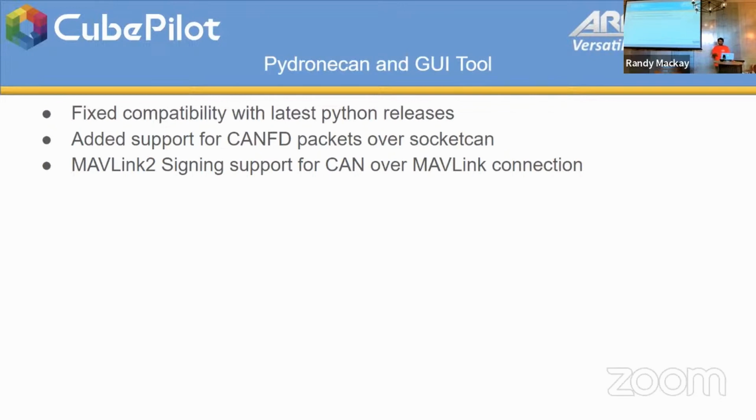Previously we only had support for normal CAN packets, the 8-byte packets, but now we can do it for CAN-FD packets as well, while using GUI tool to analyze that. And of course, there's support added for MAVLink signing in GUI tool so that you can connect to a signed MAVLink and be able to securely access remote vehicles with CAN devices as well.